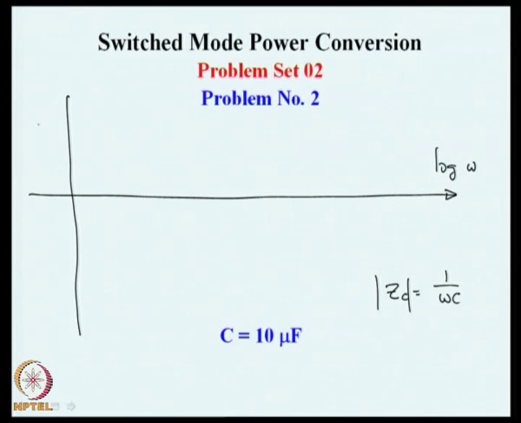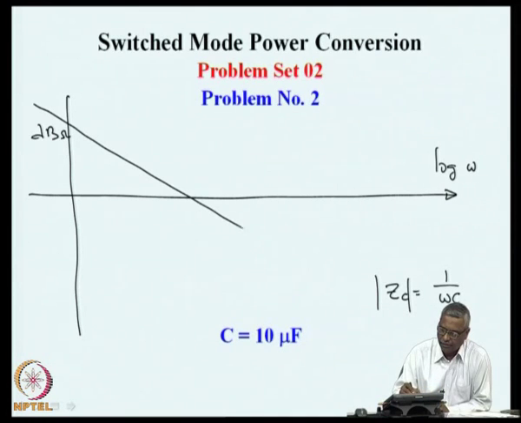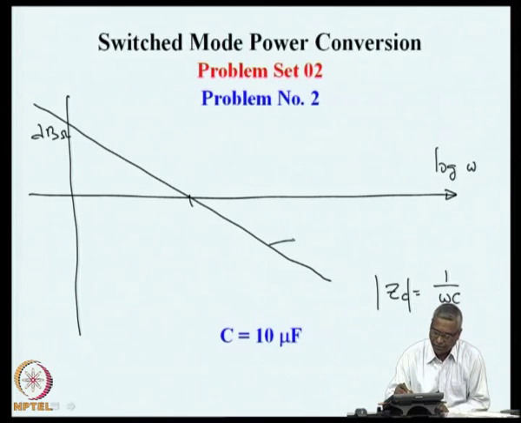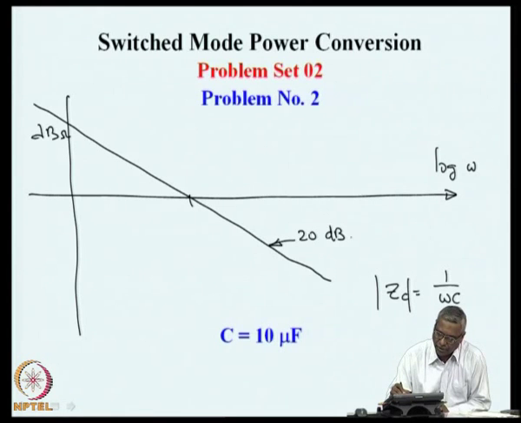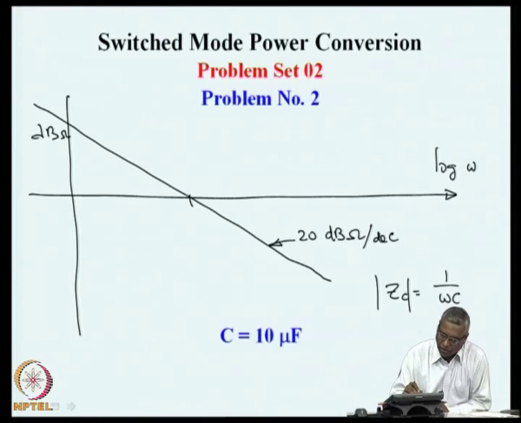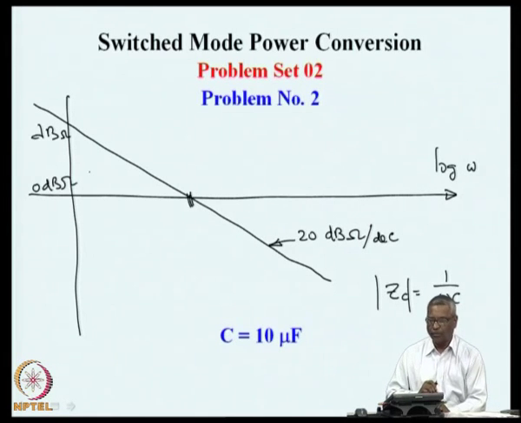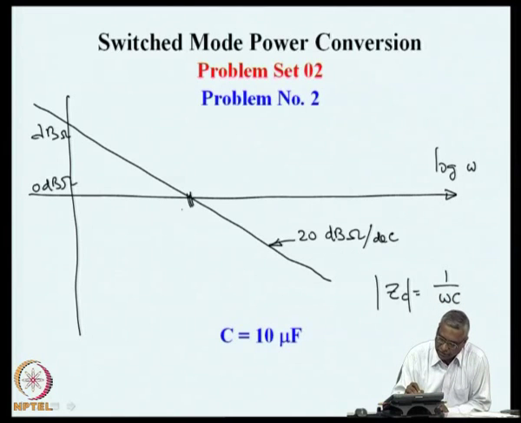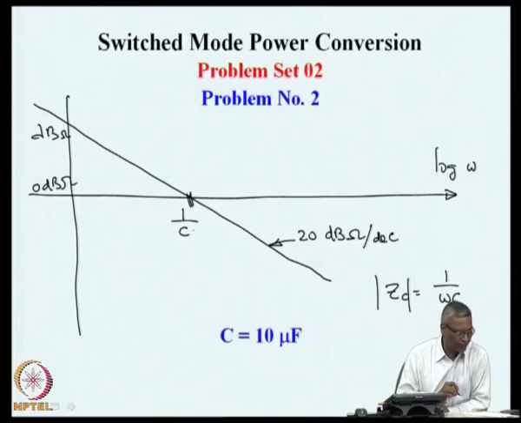This can be shown on a dB ohm scale, an impedance which is a straight line dropping at 20 dB ohm per decade. And this will cross the 0 dB line or 1 ohm line at a frequency which is 1 by C.